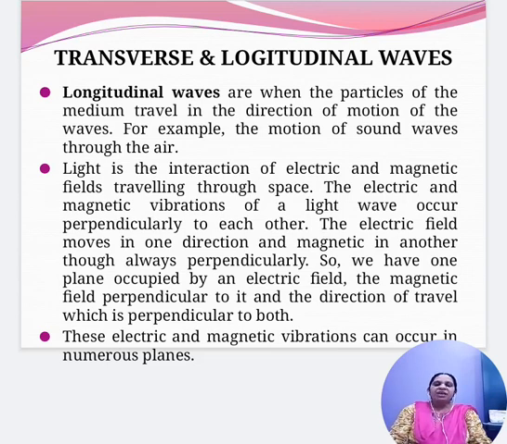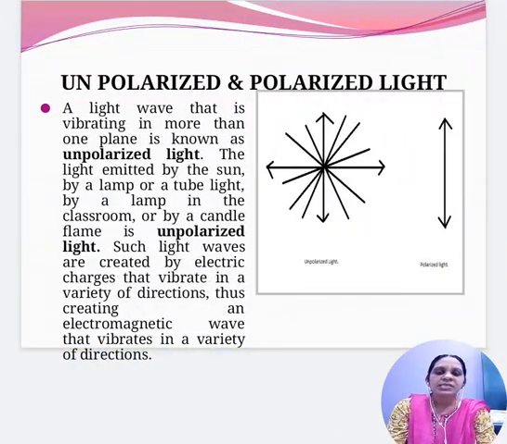These vibrations can occur in numerous planes, any direction. If you change the direction of the electric field, the magnetic field will move perpendicular to that direction, and the propagation of the wave will be perpendicular to both fields.